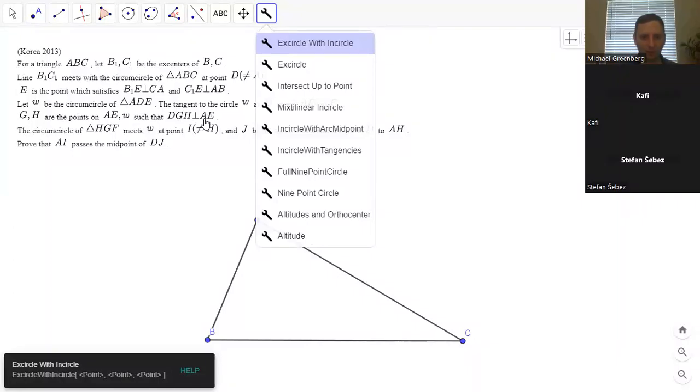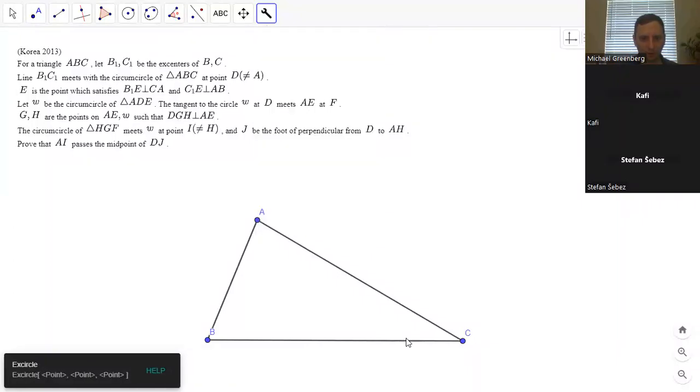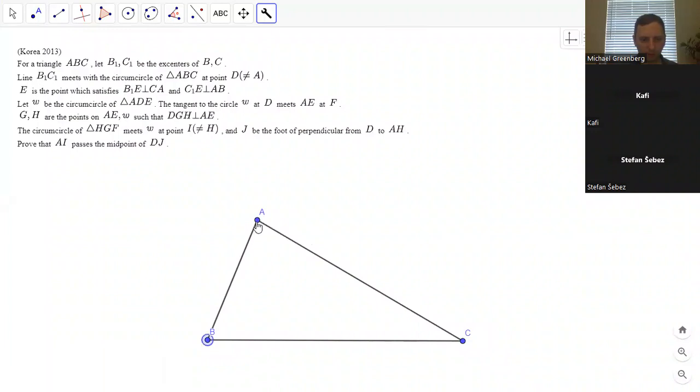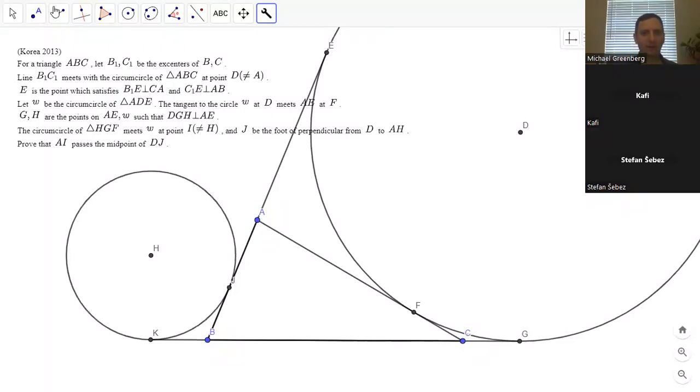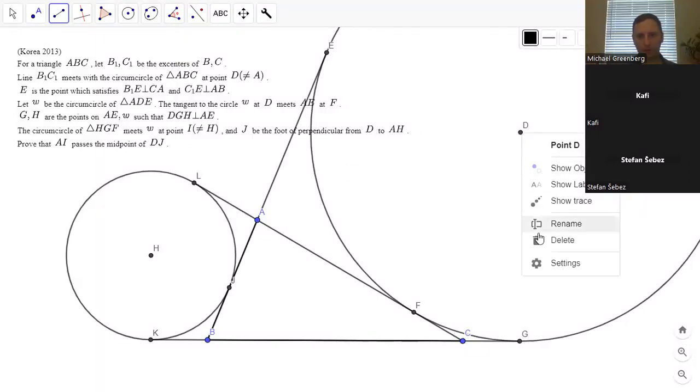Whoops. It gets messed up, I probably need to redo the tool, because sometimes tangent lines don't show. So we have B1 and C1.